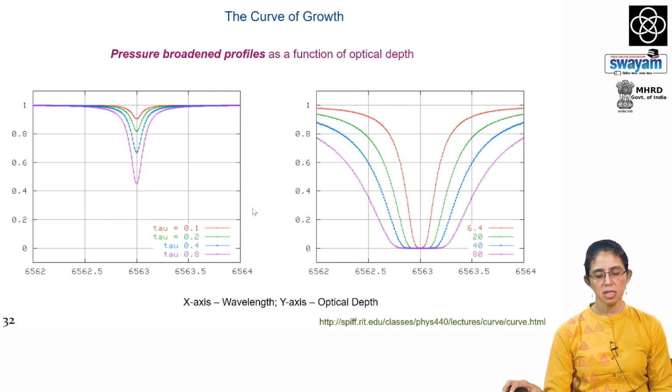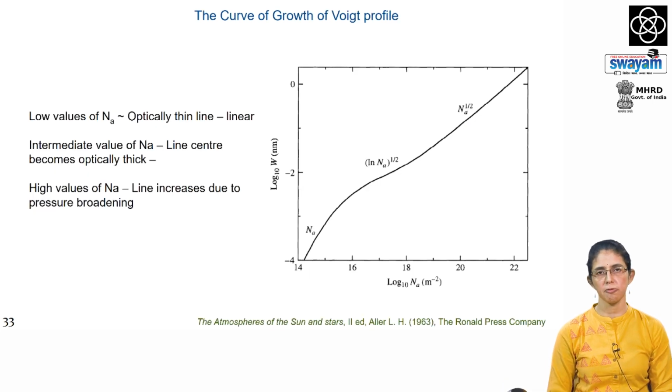So, by combining these two effects, one can see the effect of optical depth on the Voigt profile. Equivalent width of the Voigt profile, when it is plotted as a function of the abundance or the optical depth, is known as the curve of growth. And the curve of growth is found to have the following functional form.